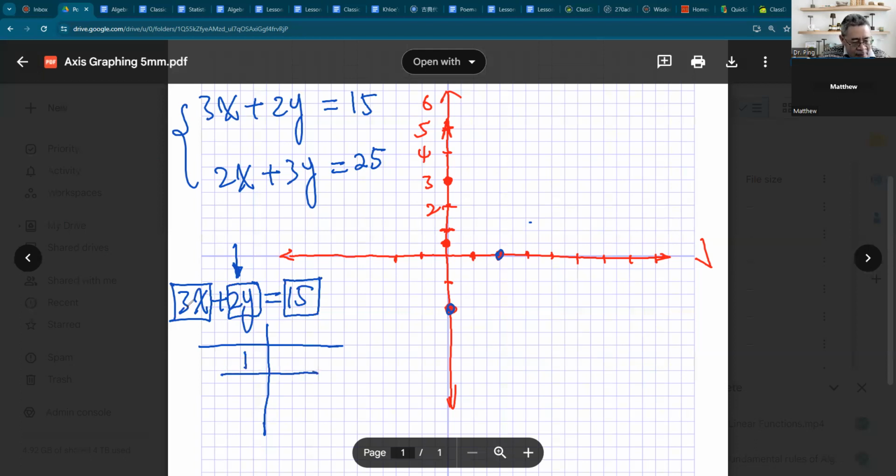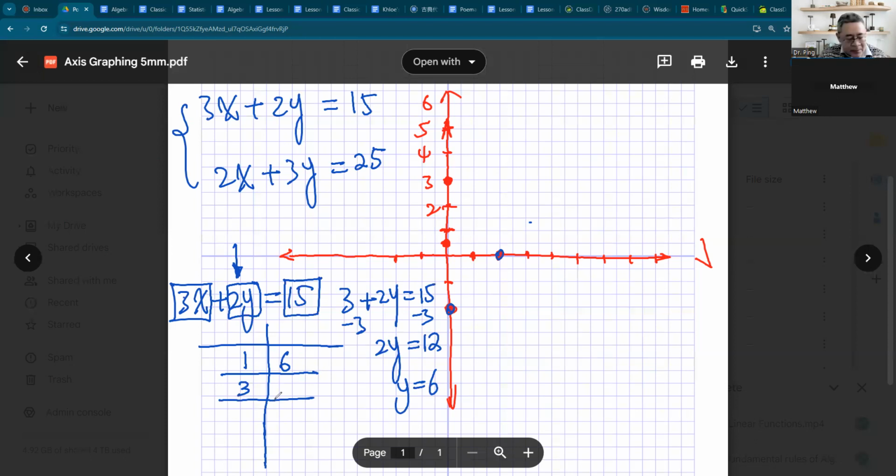If x is 1, 3 times 1 is 3, so it becomes 3 plus 2y equals 15. Then minus 3, we've got 2y equals 12, then y is 6. Good? Yep. So I'm going to use 3. So y always stays still?